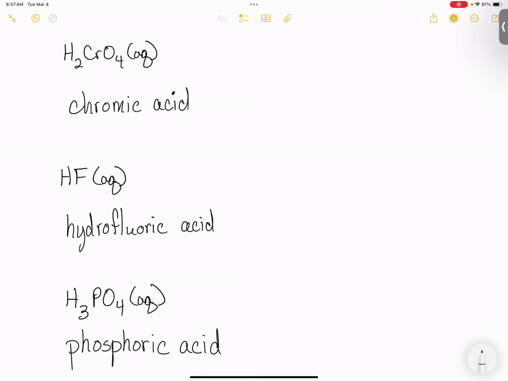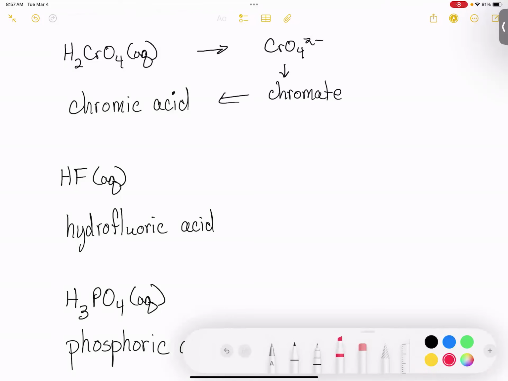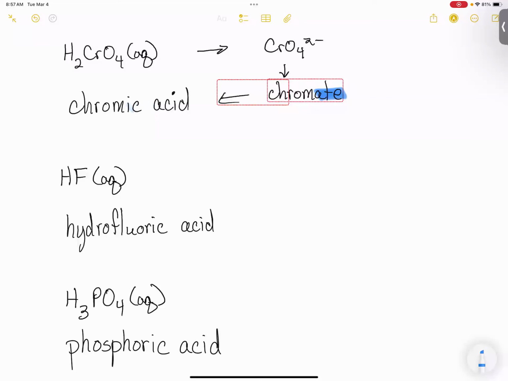Okay, so the answer to the first one should have been chromic acid, and the reason for that is because the anion is CrO4 2-, which is chromate. And therefore, since it is chromate, the -ate tells us that it becomes -ic acid.